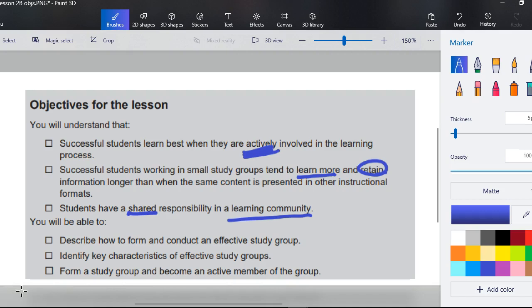At the end of this lesson, you should be able to describe how to form and conduct an effective study group. You should be able to identify several key characteristics of effective study groups, and the intent is that you will take action to form a study group and become an active member.